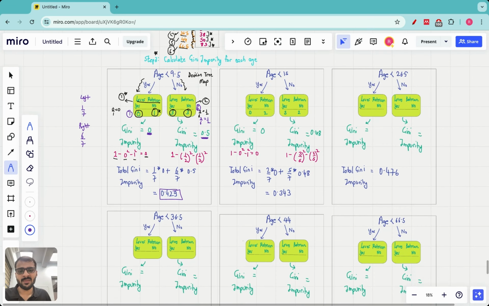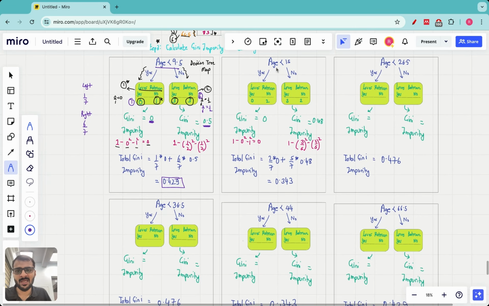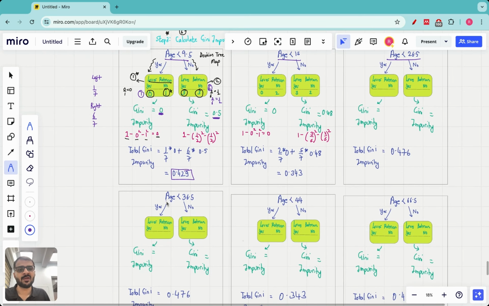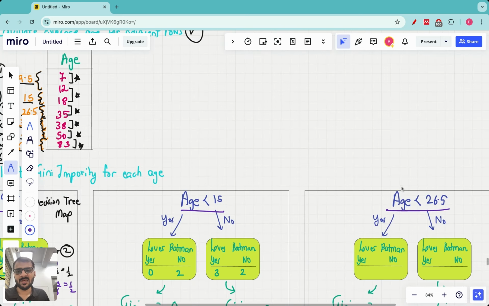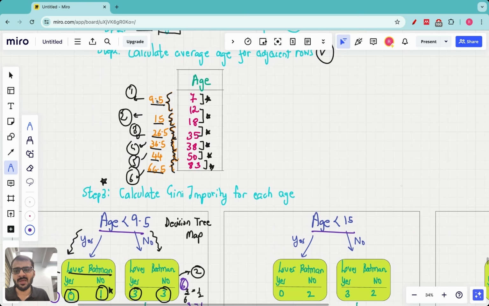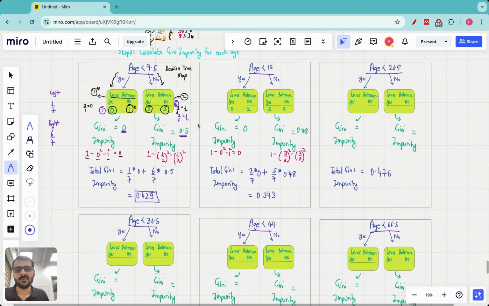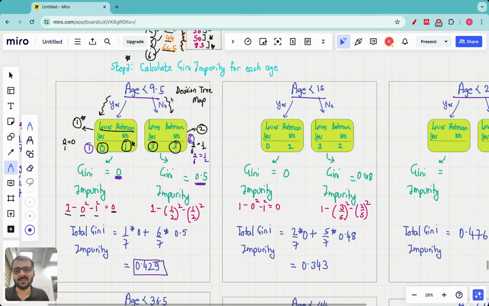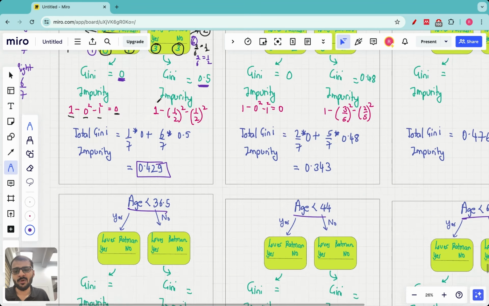Similarly, I have made 6 columns here: age less than 9.5, age less than 15, age less than 26.5, age less than 36.5, age less than 44, and age less than 66.5. These correspond to the 6 ages which we have: 9.5, 15, 26.5, 36.5, 44, and 66.5. In each of these, I have calculated the Gini impurity. For age less than 9.5, as we calculated, it is 0.429.